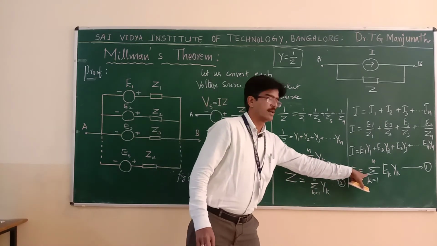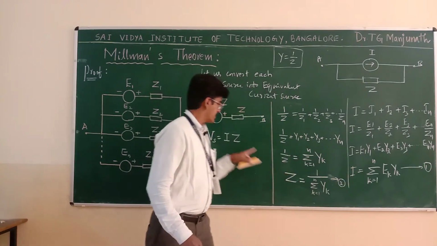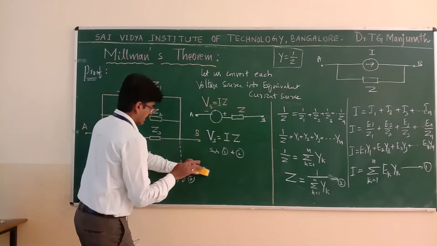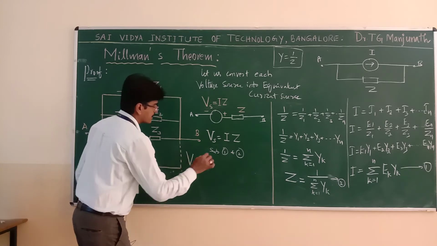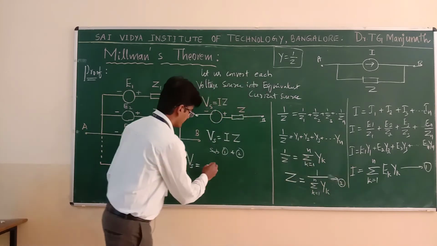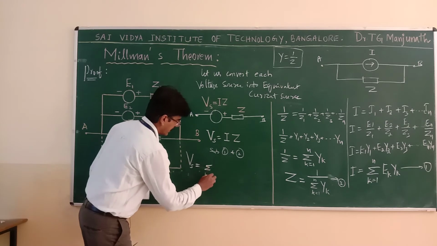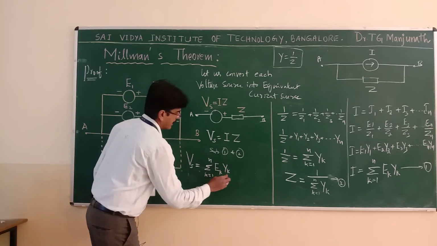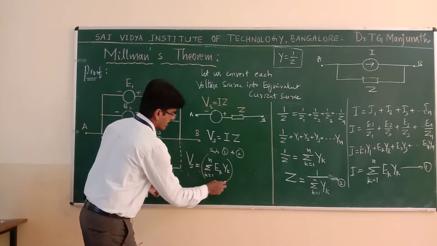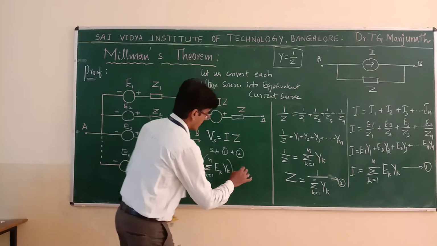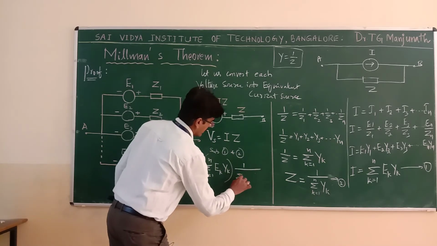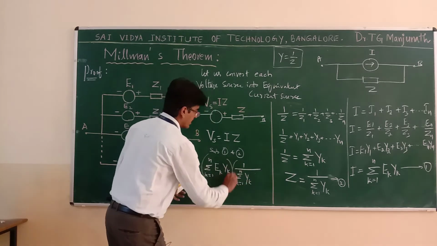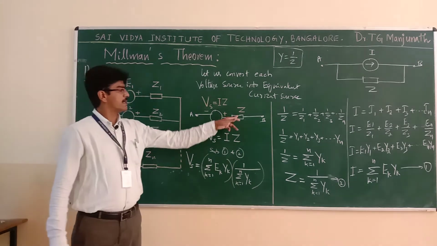One is I, second one is Z. We get Vs is equal to I, which is sigma k is equal to 1 to n of Ek Yk, into Z, which is 1 divided by sigma k is equal to 1 to n of Yk. This is your Vs, and Z is anyhow the same.